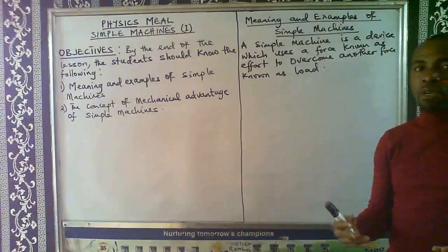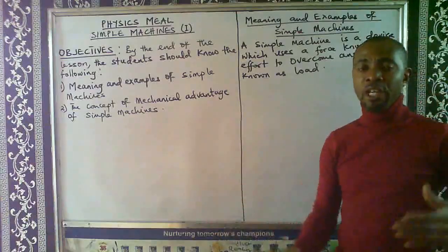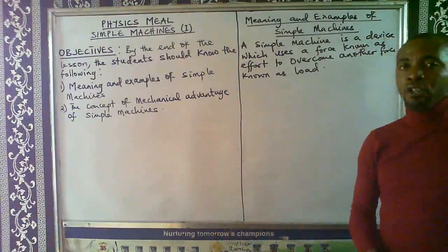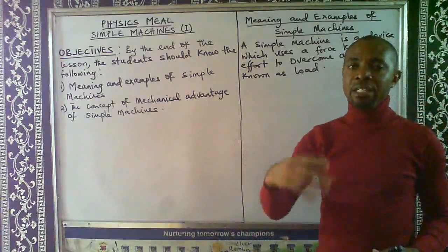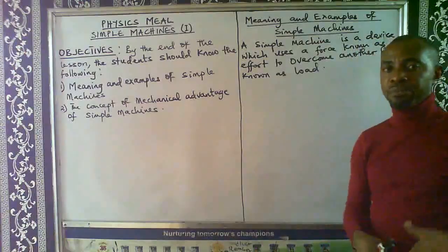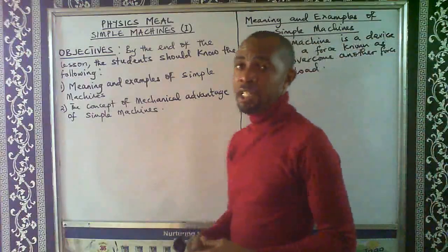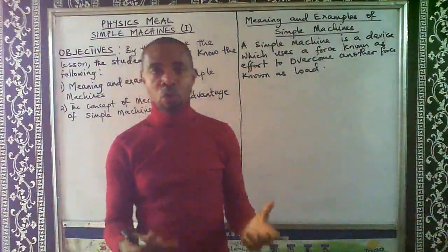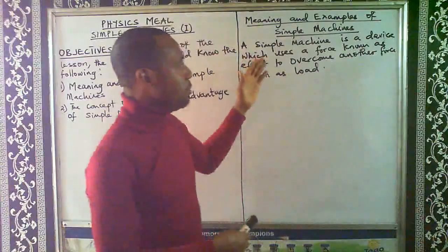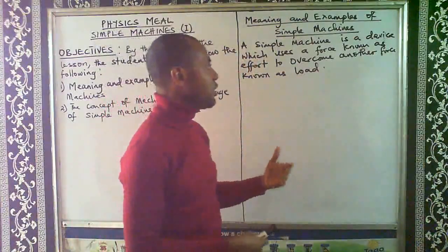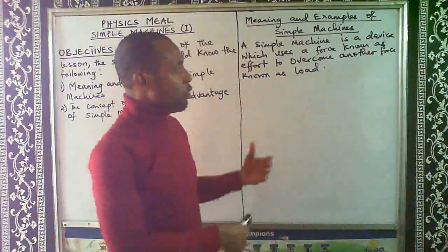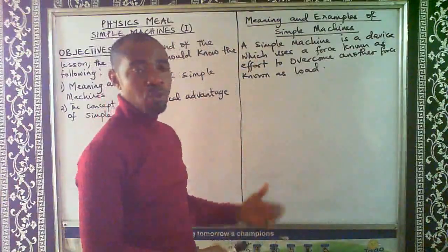So in a machine, we have application of force in order to overcome another force. The force we apply is the force we call the effort, while the force we are going to overcome using a machine is the force we call load. So we say a simple machine is a device which uses a force known as effort to overcome another force known as load.